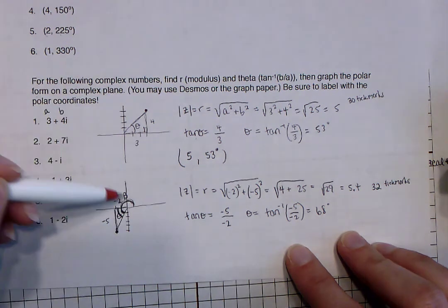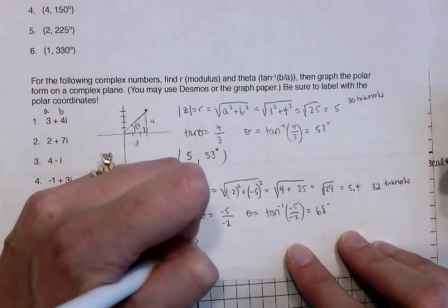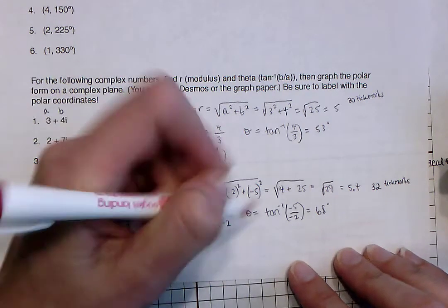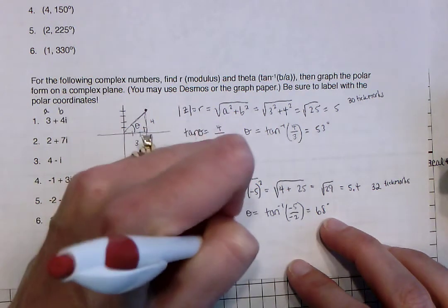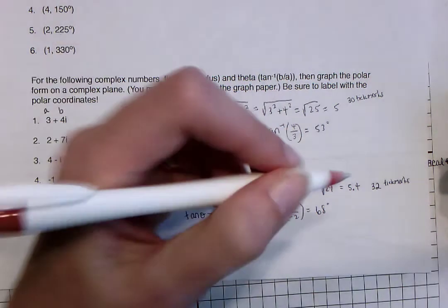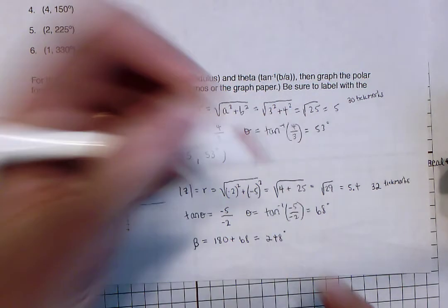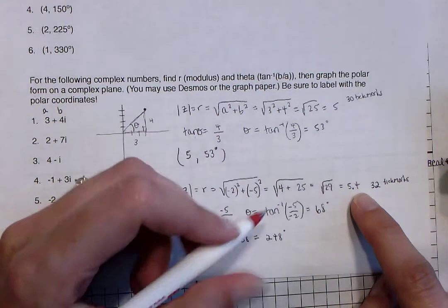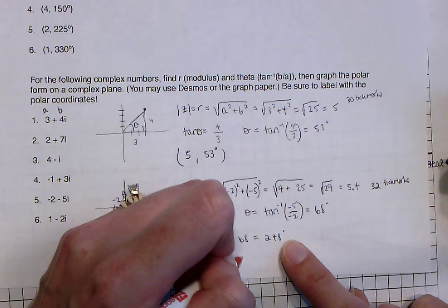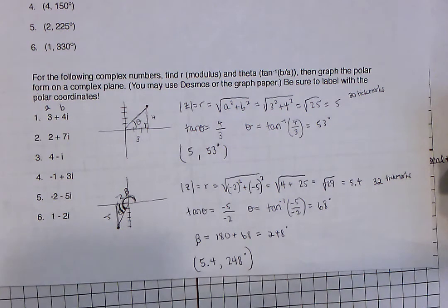I have to go around 180 degrees and then add on that 68 degrees. So we'll say beta, what we're looking for, is 180 plus 68, okay? And that ends up being 248. So now I know my angle, and I know, again, my radius is 5.4. My angle is 248 degrees. So that right there is my answer in polar form.